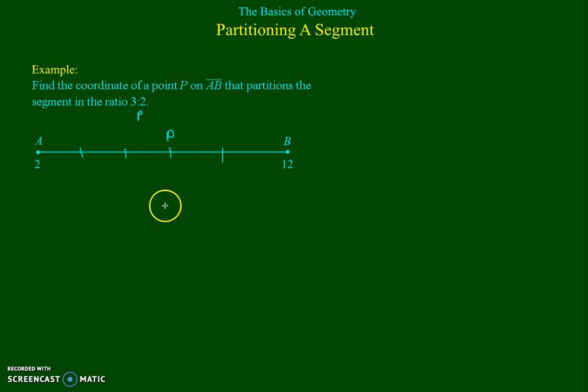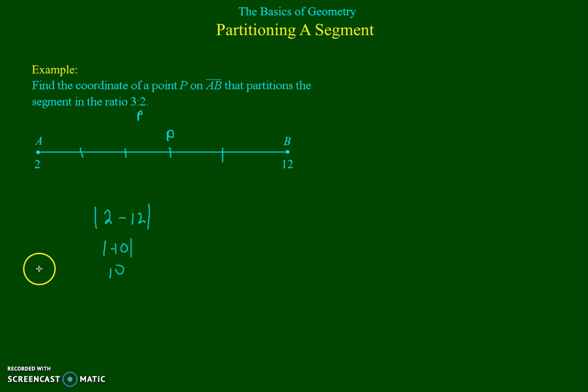Well, the way we do this is by using the ruler postulate. You could count, but the ruler postulate is the easiest. The ruler postulate says the distance between any 2 points on a number line is the absolute value of their difference. So 2 minus 12, which is the absolute value of negative 10, which is 10.